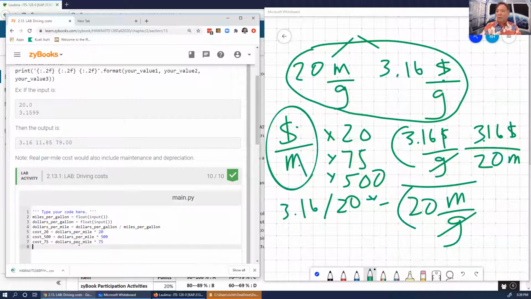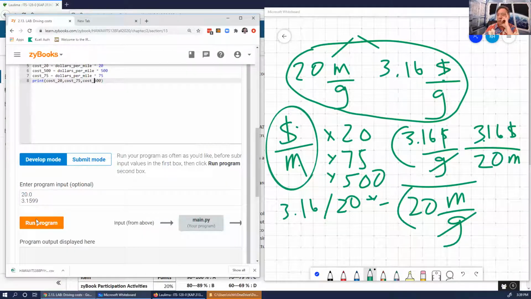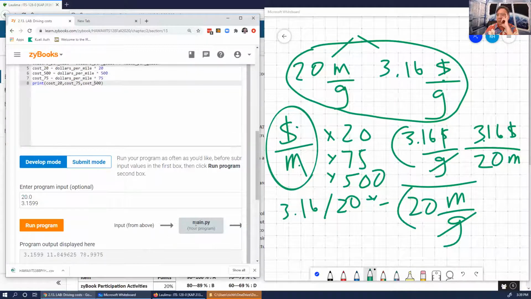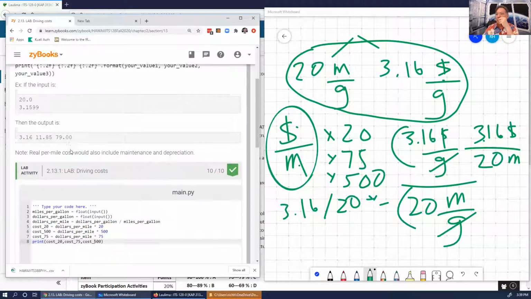And then I got to print all that out. I'm going to say print cost 20, cost 75, and cost 500. Underscore 500. $79.0.